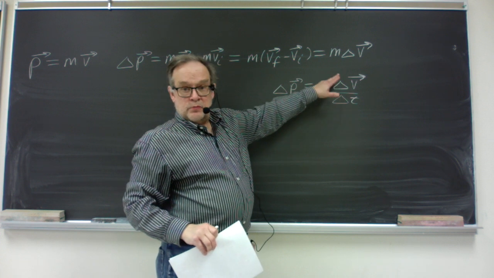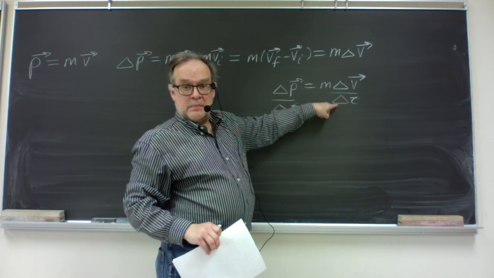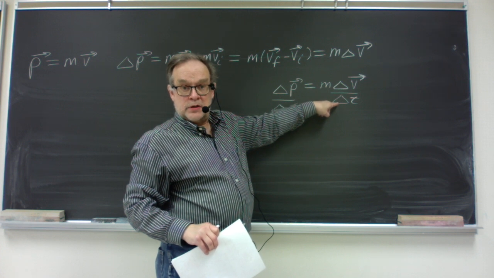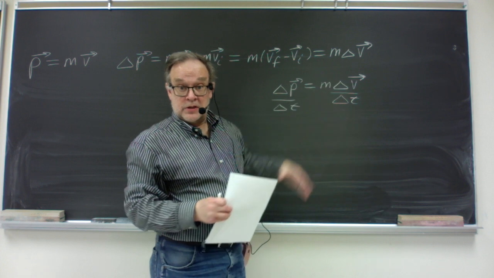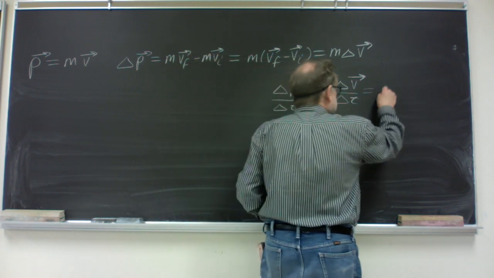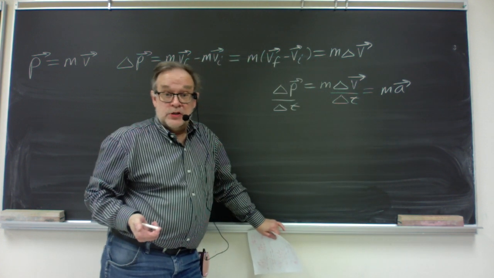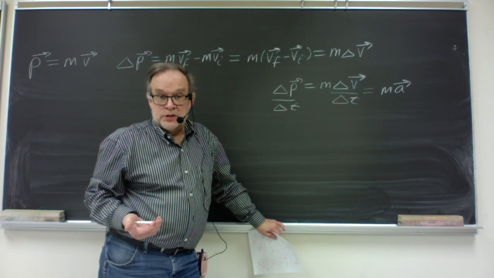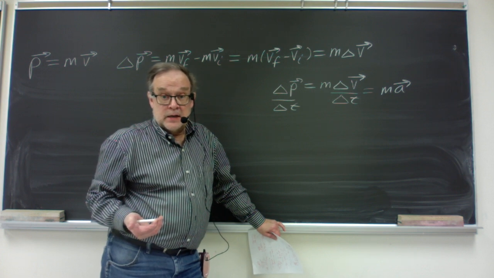Well, we've seen this before. Change in velocity divided by the length of time it took to make that change. That's acceleration. That's our definition of acceleration. And mass times acceleration, we've seen that before. Newton's second law, that's the net force acting on an object.